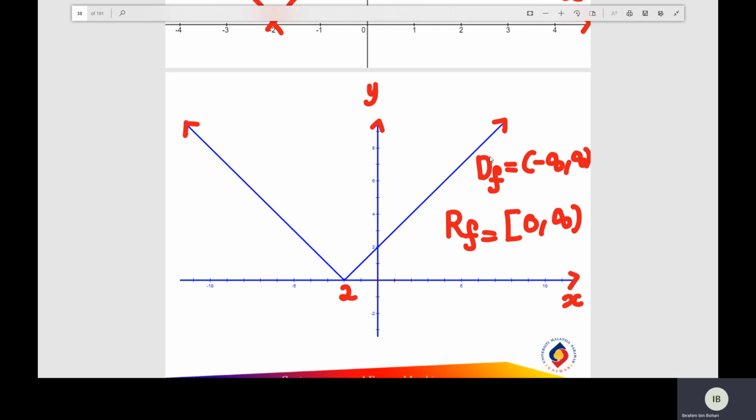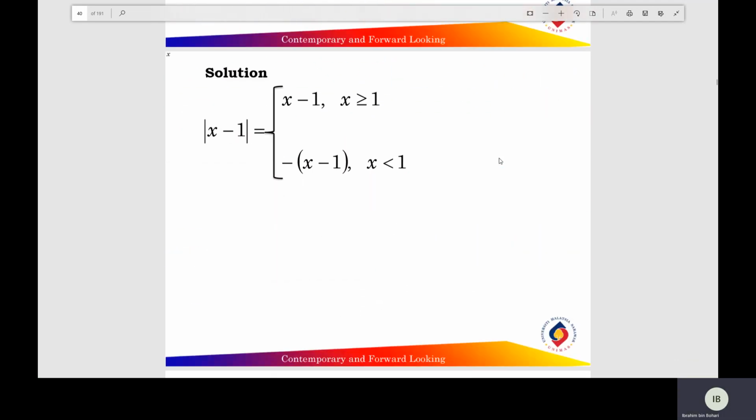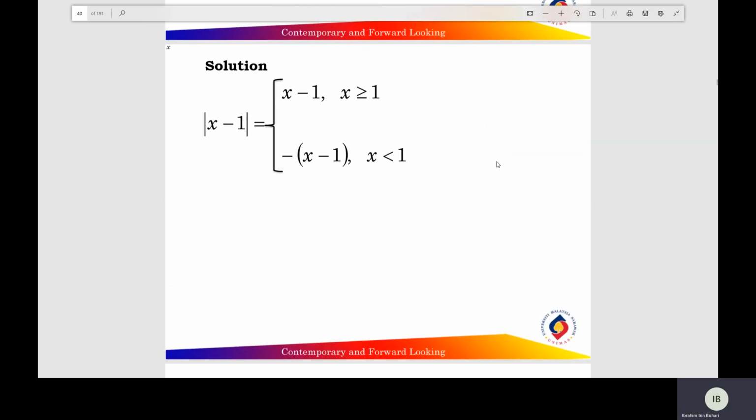Okay, question A, f(x) equals modulus x plus 2. And question B, modulus x minus 1. This one, question B, is your exercise.